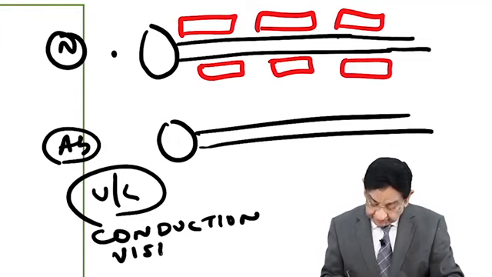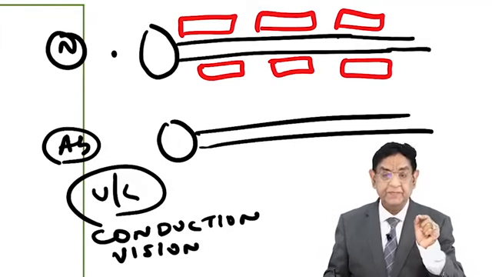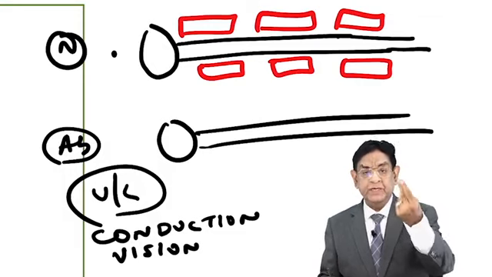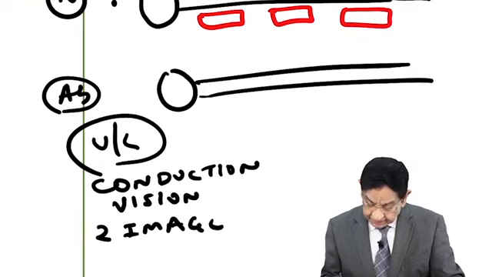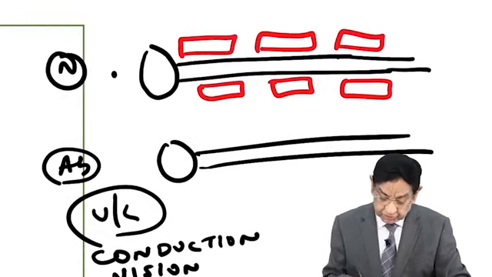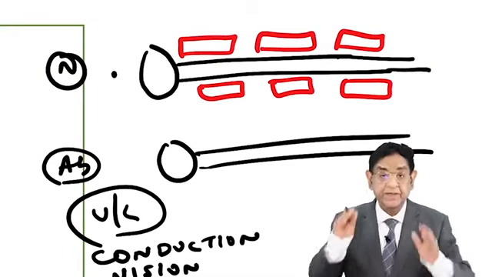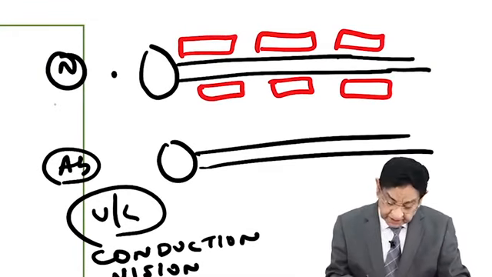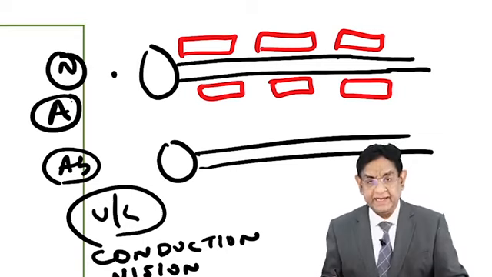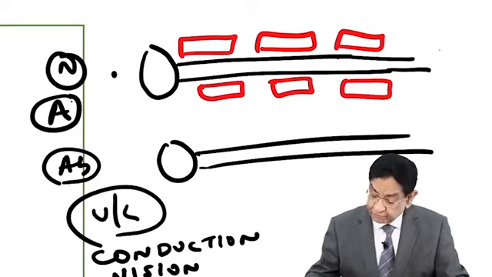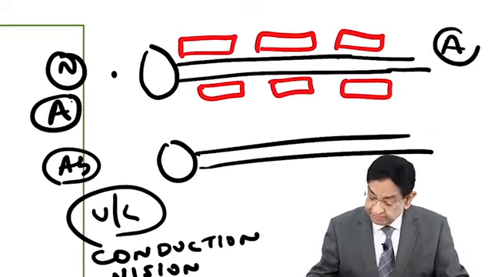Vision will be disturbed. The patient will be getting two images. Write down: the patient will be getting two images. What do you mean by two images? Suppose the patient's eyes are reading the board, where A is written. This A will come to the brain very fast, maybe in 100 milliseconds.